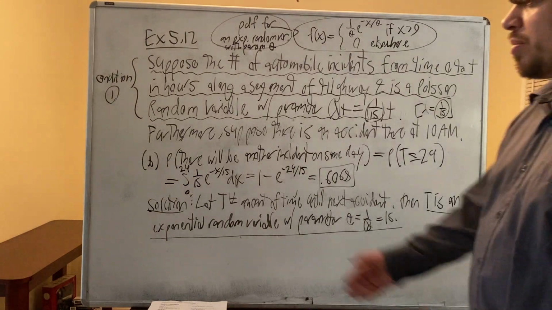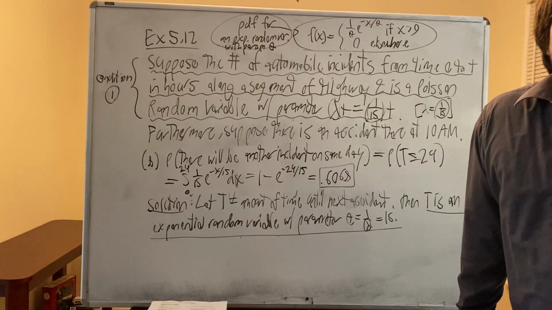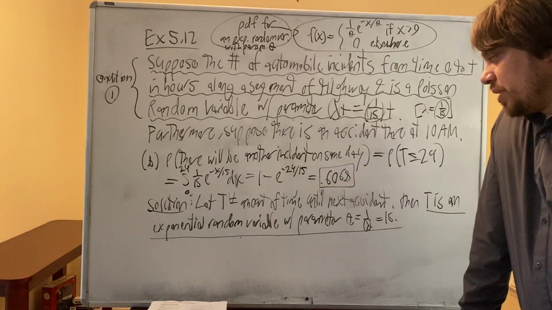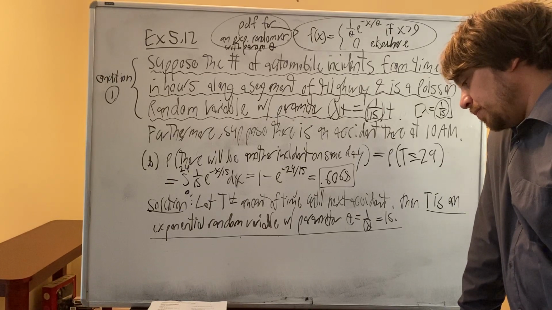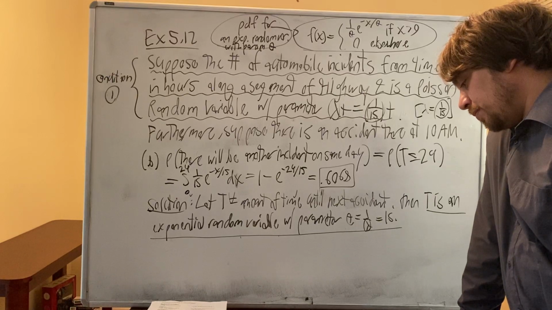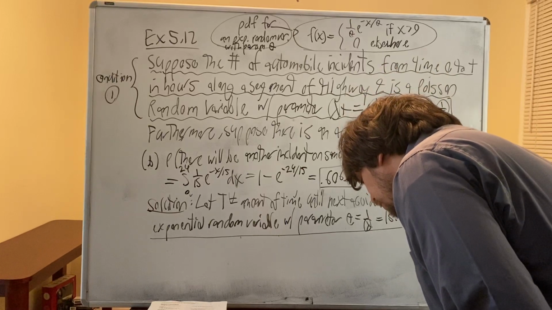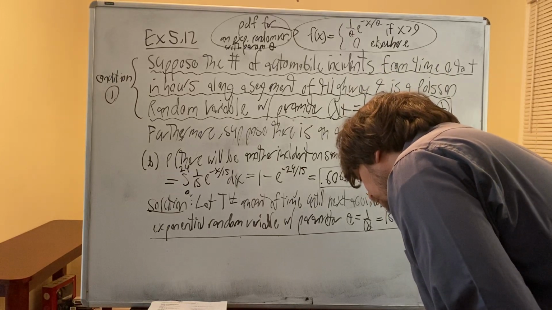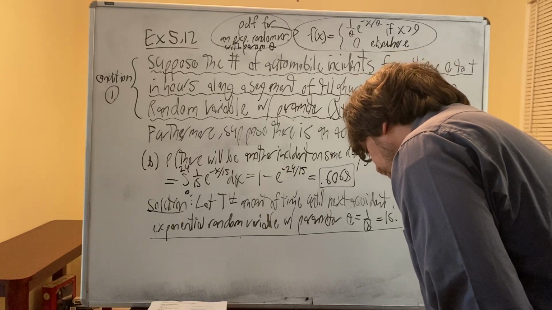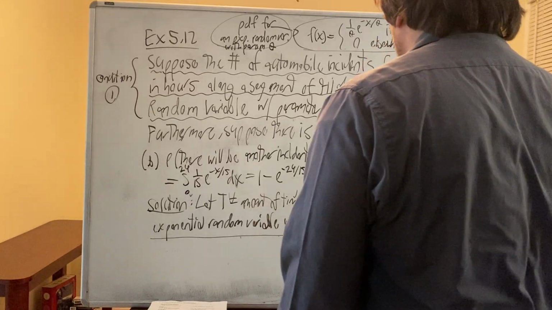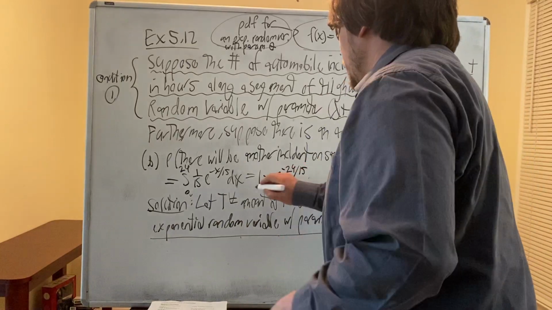Okay, and so this is also the complement. The probability of this event is the complement of the event in A, and so 1 minus the other probability should be this one. So let's leave it like that because that's it.